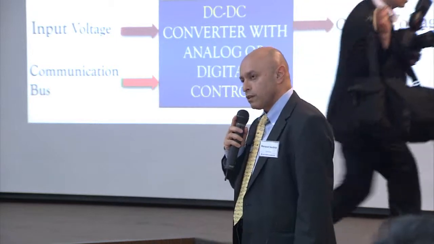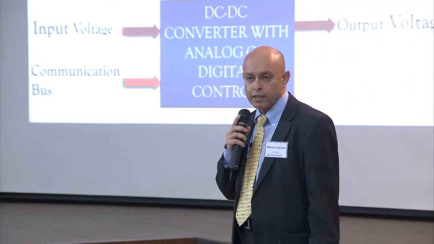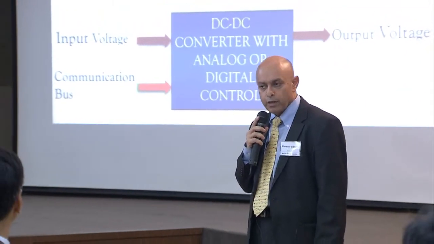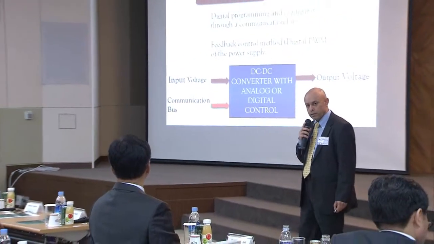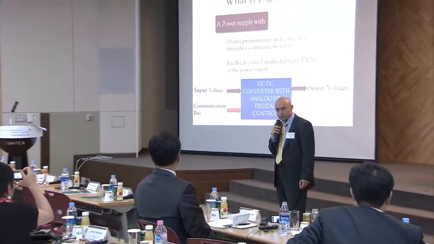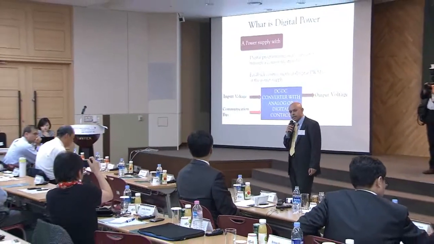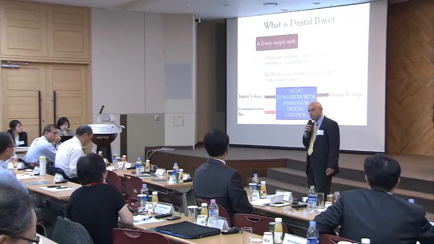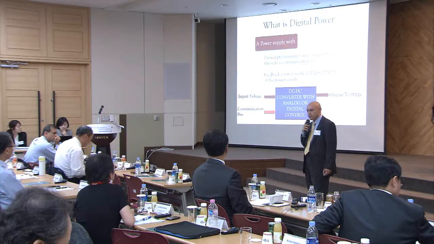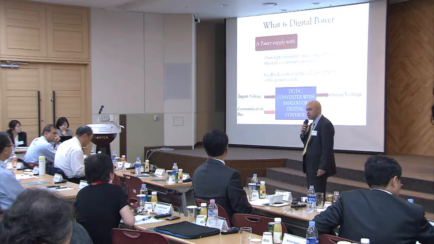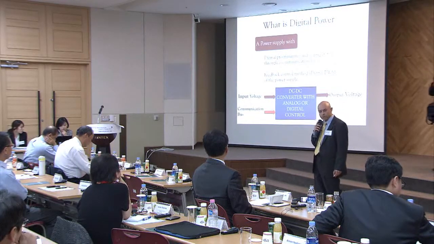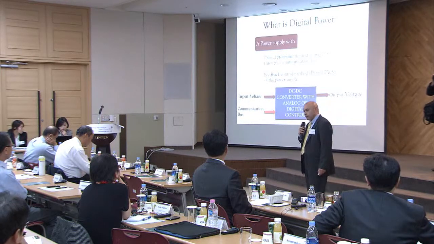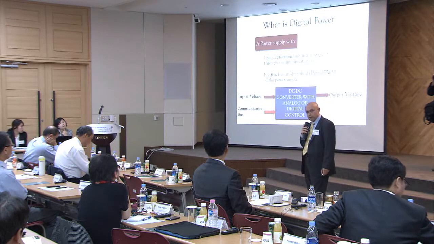A typical power supply or a DC to DC converter can have a control loop that is analog or digital. What I mean by that is that the pulse width modulators can be either an analog pulse width modulator or a digital pulse width modulator. When we implement the feedback loop in the digital domain, we use a discrete time domain approach.